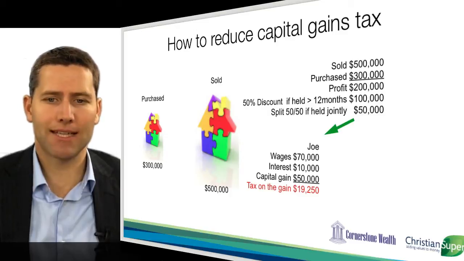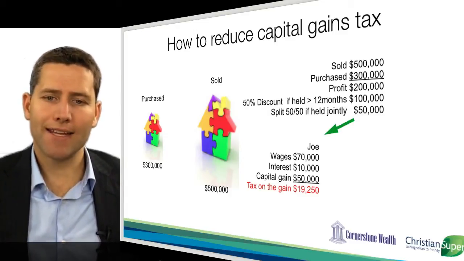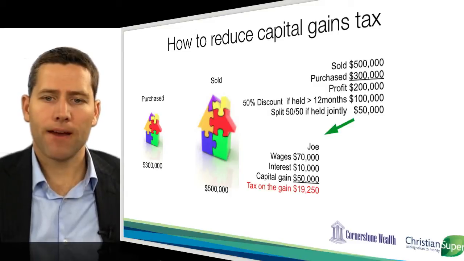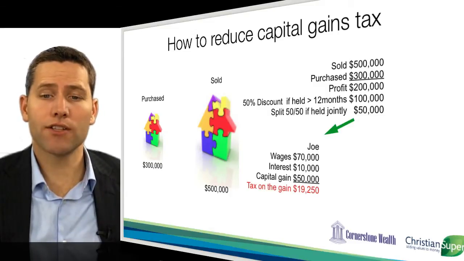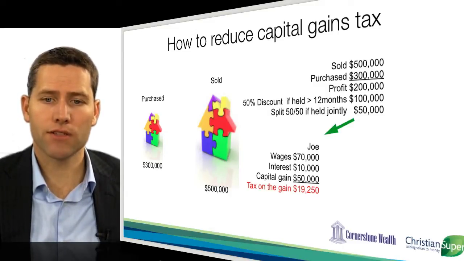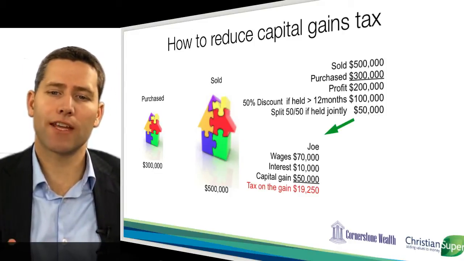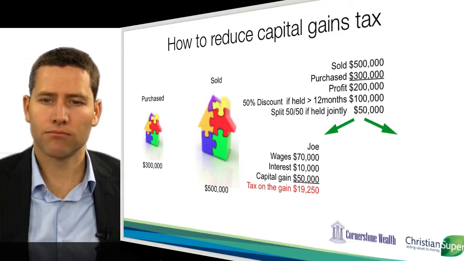So his total taxable income in this scenario is $80,000. If you add the capital gain of $50,000 to his scenario, on that additional capital gain, he's going to pay a tax of $19,250. That's just the additional amount of tax on the gain, not his total taxable income.